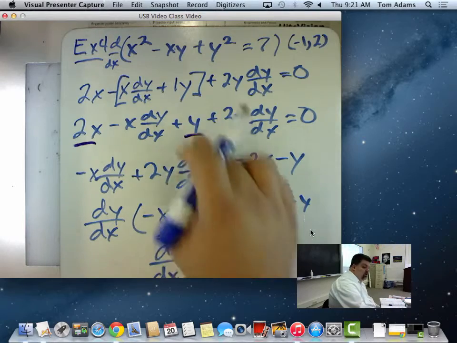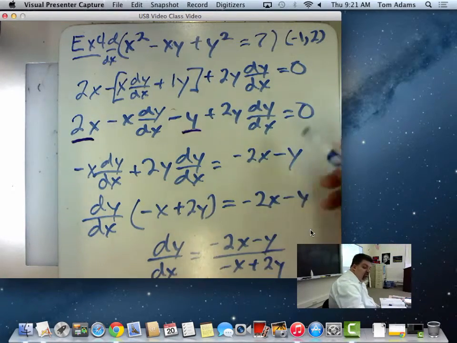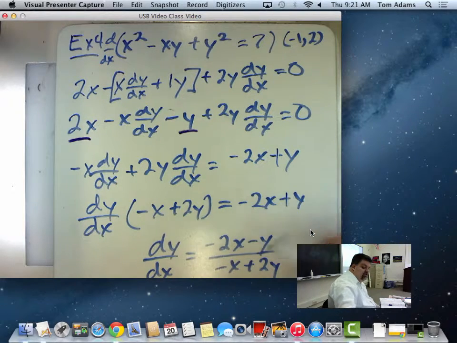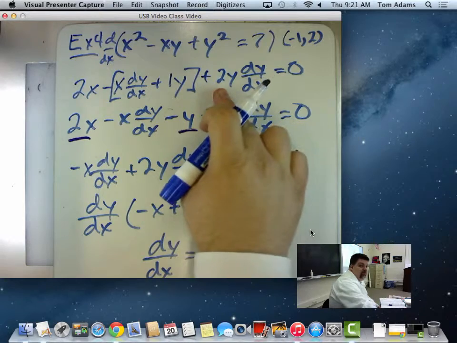Oh, you know what I did wrong? I forgot to distribute this negative sign through. So this should be a positive y, this should be a positive y, this should be a positive y. Wait, isn't it 2y though? What's 2y? Because it's y squared. Yeah, this is y squared, so when we differentiate it, we get 2y dy dx.